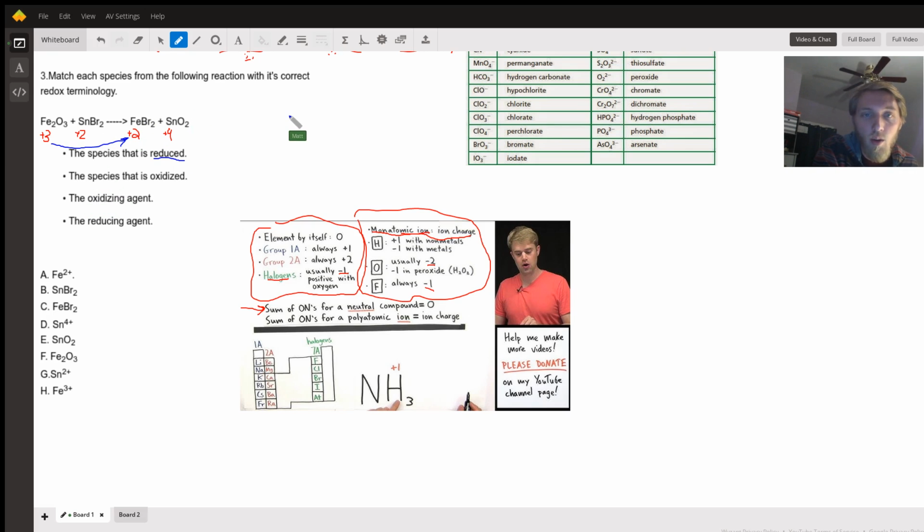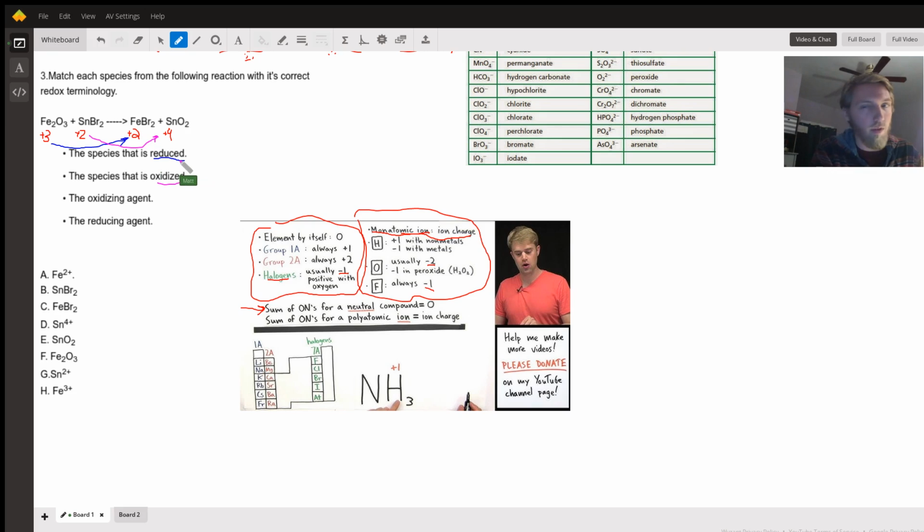Tin(II) bromide, well, the tin started at +2, and then it went up to +4. That is an increase in the oxidation number, which means we lost electrons. So that means tin was oxidized. Now, when we're talking about the species being reduced and oxidized, you usually want to say the entire molecule.